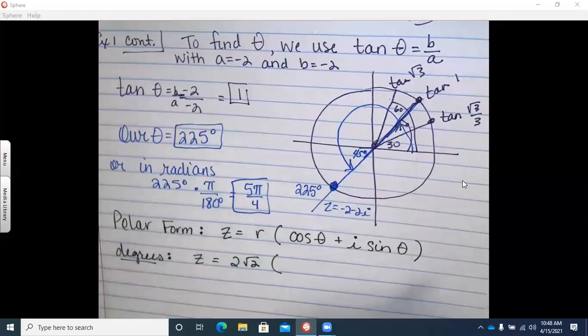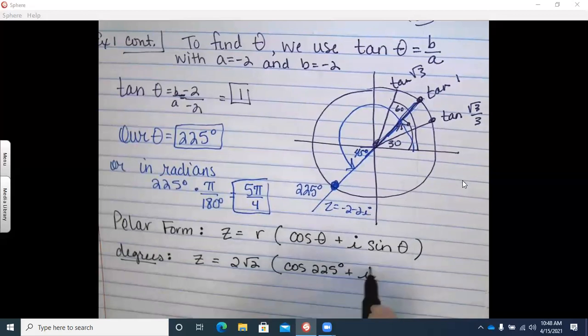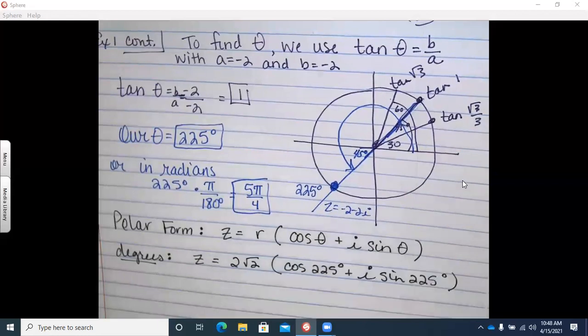You literally just write cosine of 225 degrees plus I times the sine of 225 degrees. That's it. No simplifying. Don't multiply it all together. Don't put this in your calculator to find the cosine and the sine. You just put the angle measure in and the modulus in.